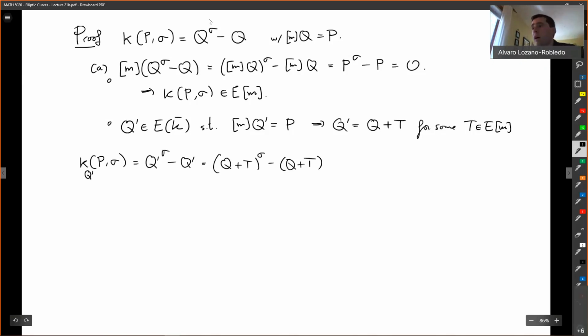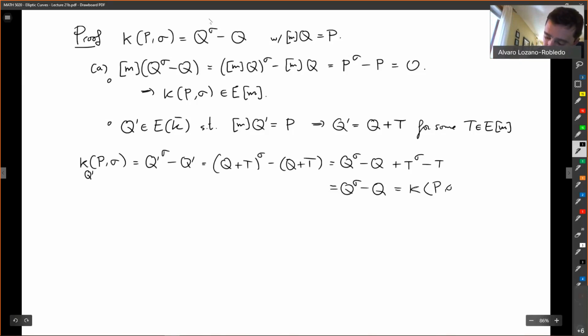And then if I apply sigma distributed, I get Q sigma minus Q plus T sigma minus T. And here's where it comes in handy that T itself is defined over K.